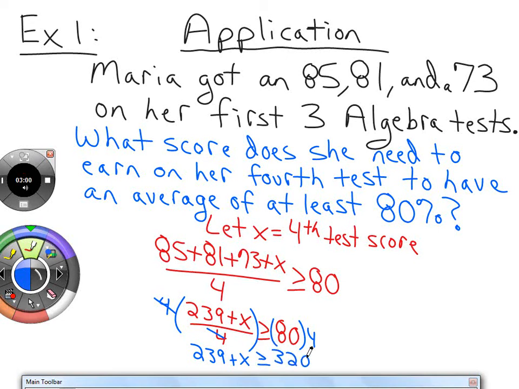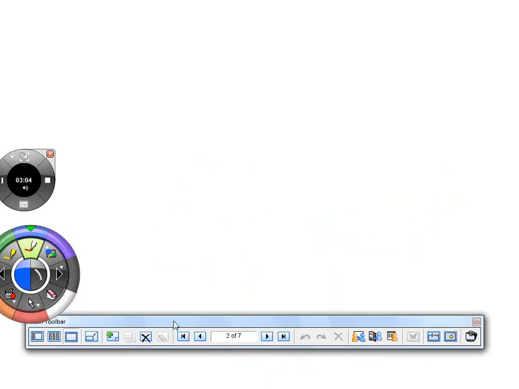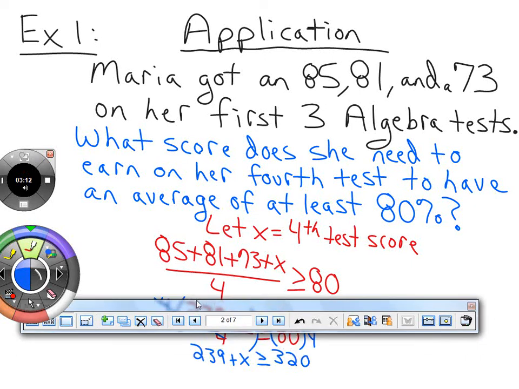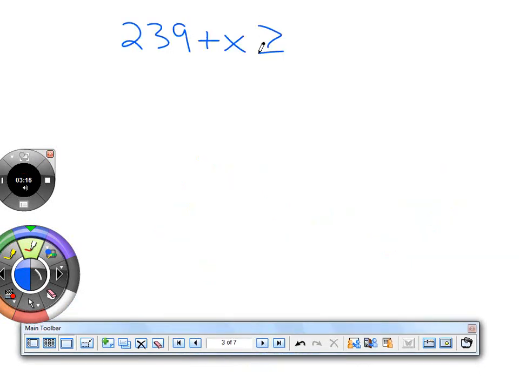I'm going to go to the next page. I'll write that step again: 239 plus x is greater than or equal to 320. Now I'm going to solve for x, so I need to get rid of that 239.